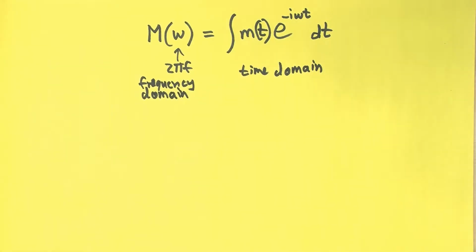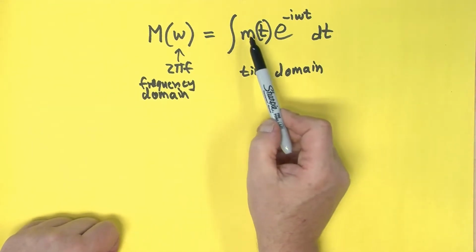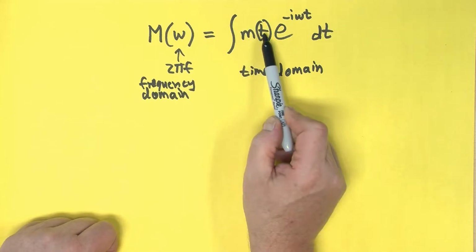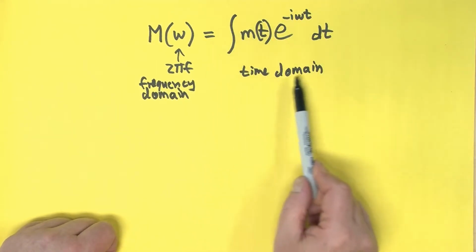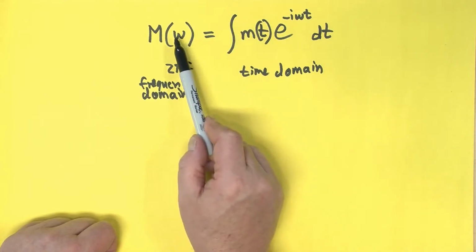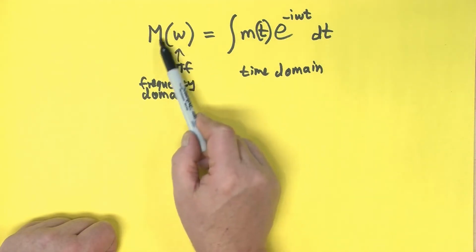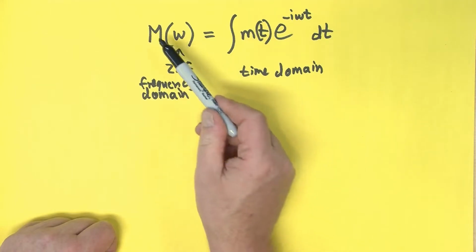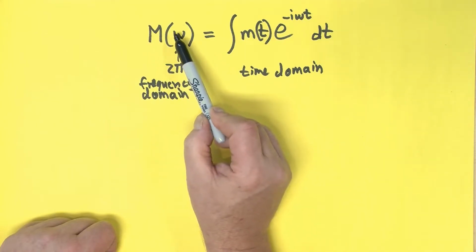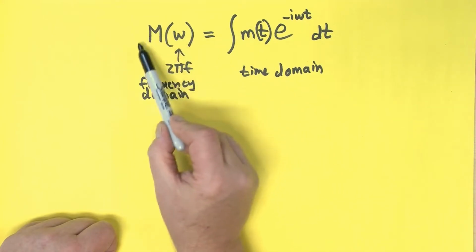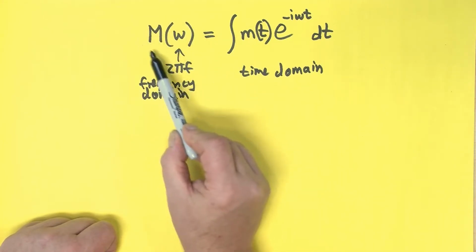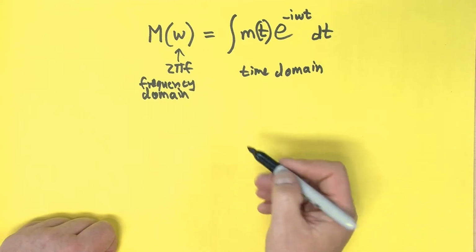And the really neat thing is, just as if we have m of t, we can put it in this equation, turn the crank, and get the spectrum of it over here. I'm really using the term spectrum loosely, because spectrum is typically the powers, but the frequency domain version might be a more accurate way of describing it.